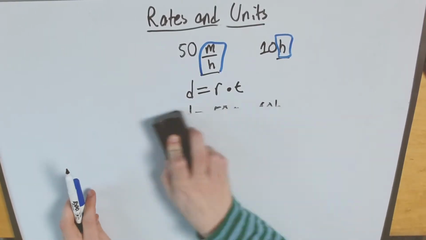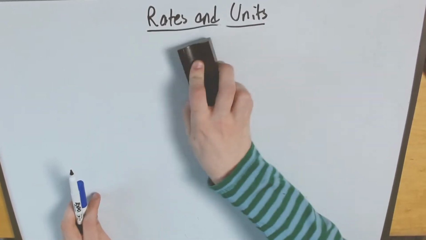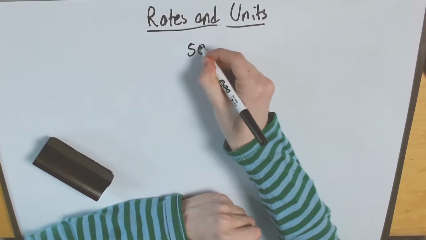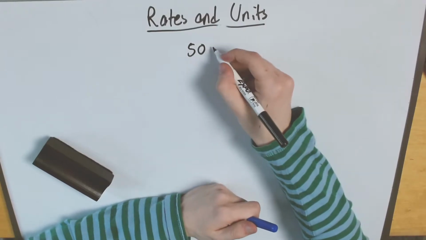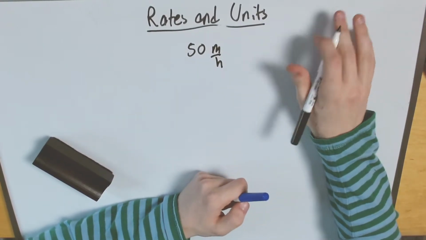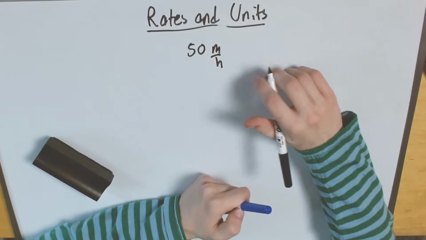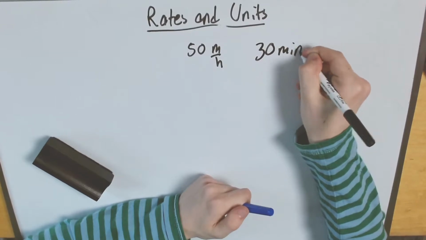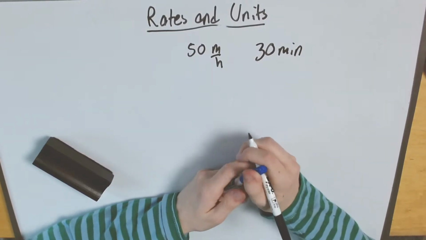So let's say, what if I was going 50 miles an hour, but the time that I traveled wasn't an hour, it was 30 minutes. How far would I be going?